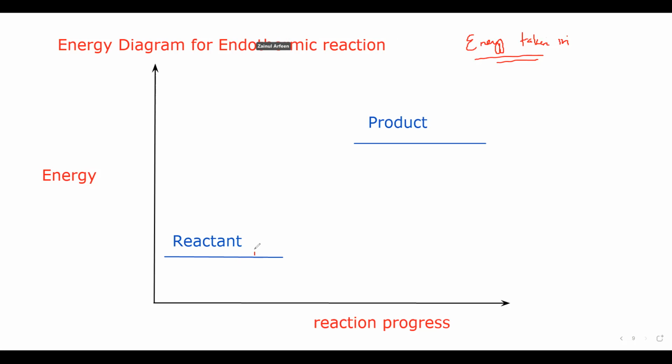The reactant absorbs energy. When these reactants absorb energy, they will not start the reaction instantly. They will take time to react. So the position where the reaction starts is known as activation energy.